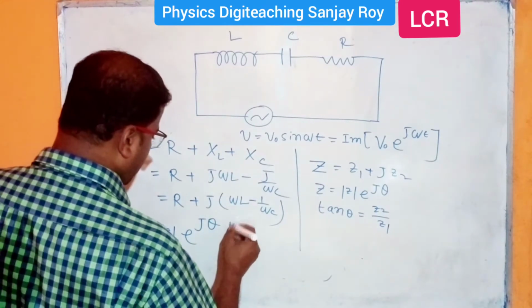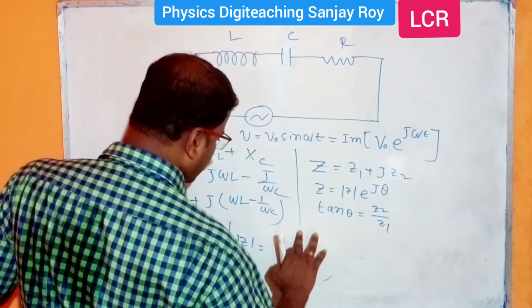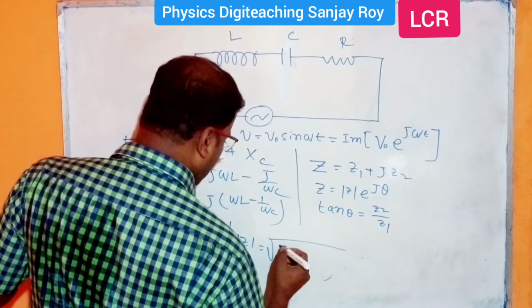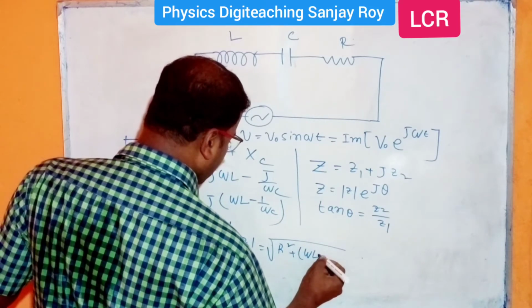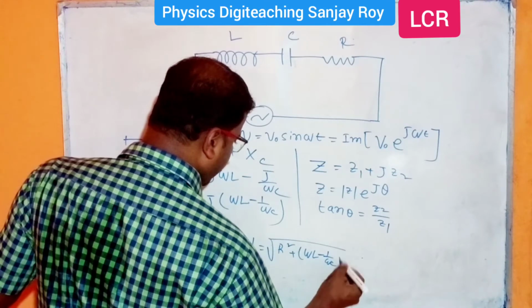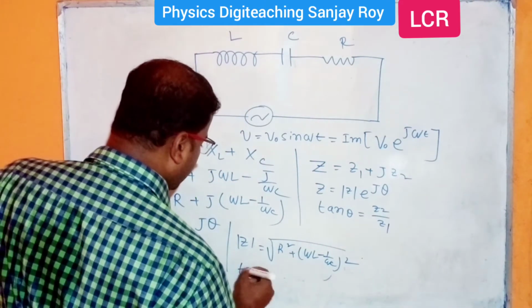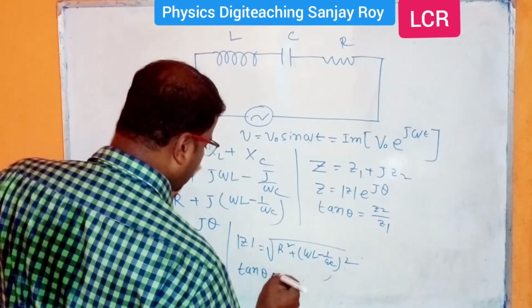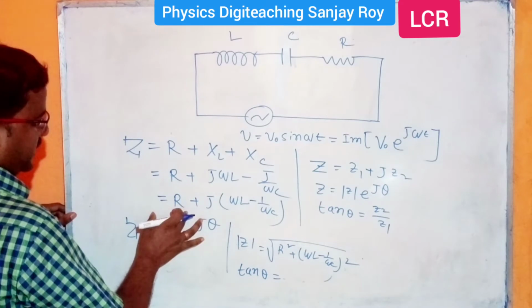where mod Z equal to under root R square plus omega L minus 1 by omega C whole square, and tan theta equal to imaginary part divided by real part.